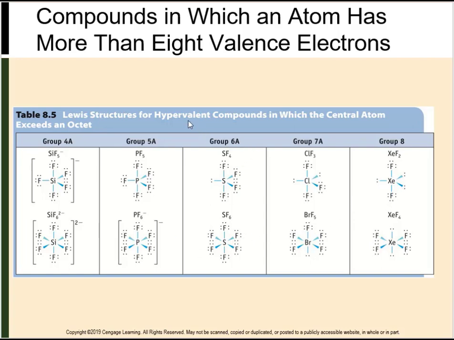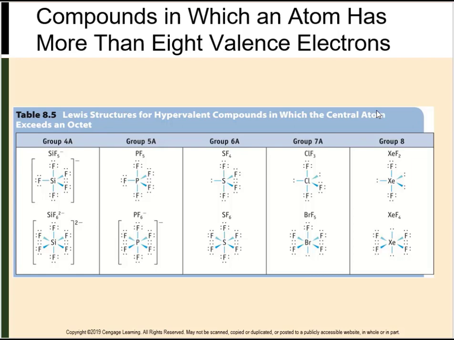Anyways, here are several examples where we are not following the octet rule and we have more electrons surrounding it. So these are referred to as hypervalent. And again, only elements of the third and higher periods in the periodic table form compounds and ions in which an octet is exceeded by the central atoms.